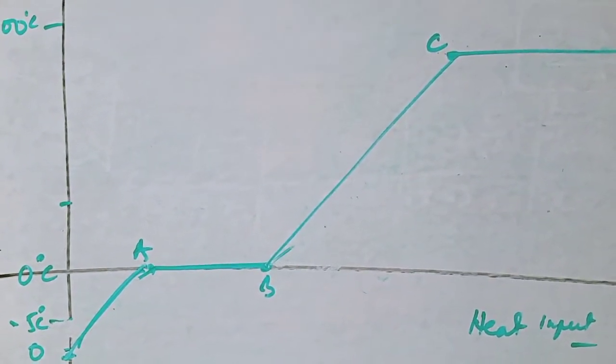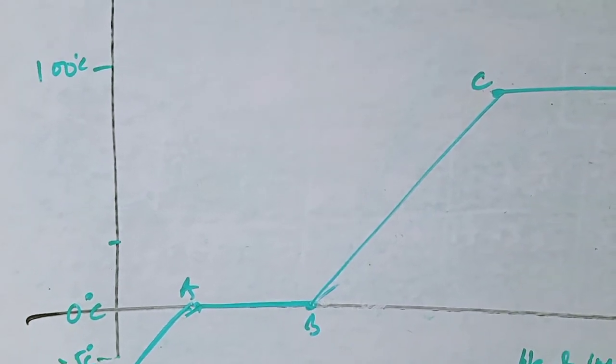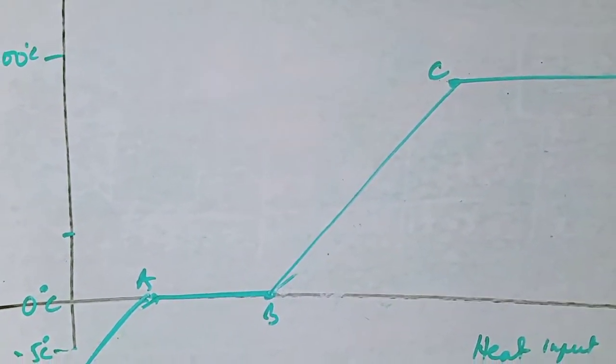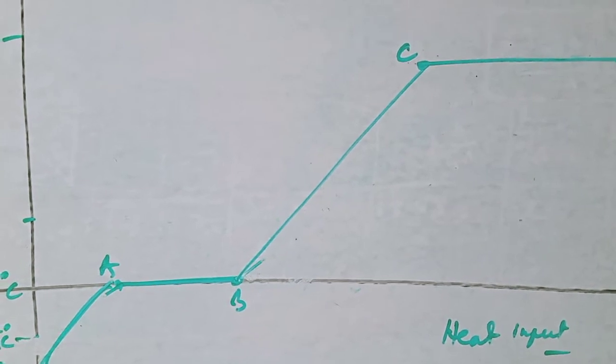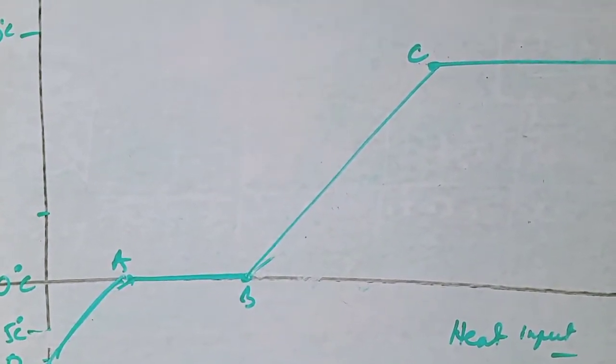B is the initial point of water at 0 degrees Celsius and C is the final point of water at 100 degrees Celsius. So some heat is being supplied. It can be measured by drawing a line parallel to the x-axis, and the meeting point of the region will give you another point.